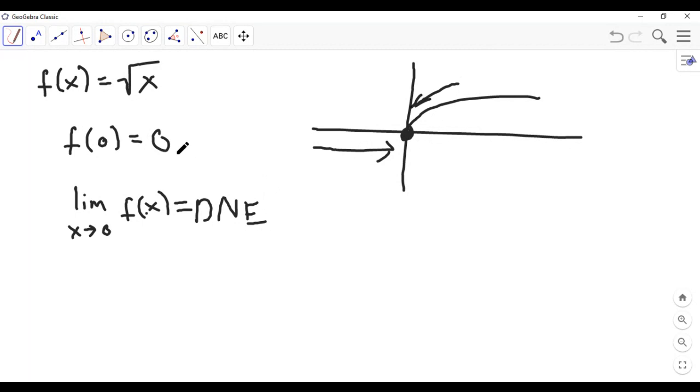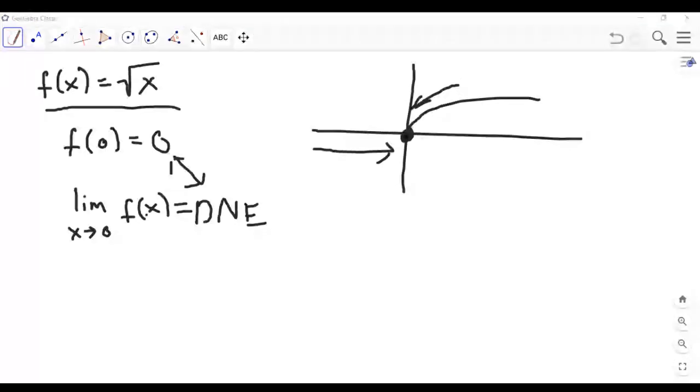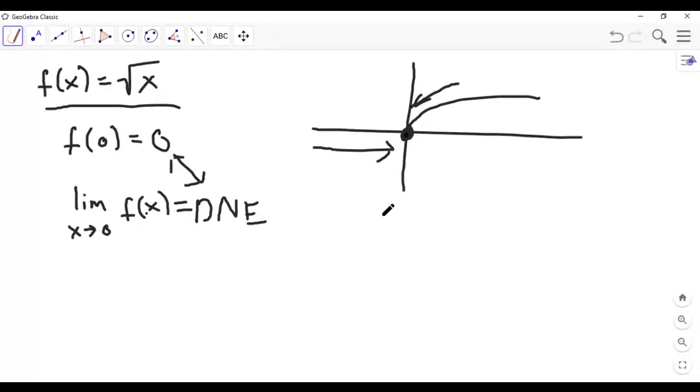So because these two values aren't actually the same, this function is actually not continuous at x equals 0. You can see that that's where it stops. The function itself exists, it's just not continuous. Does that make sense? All right. Good.